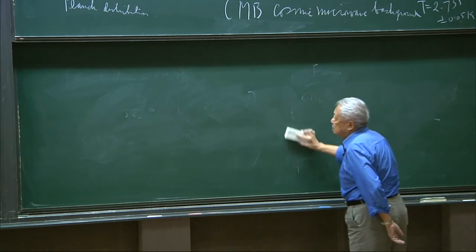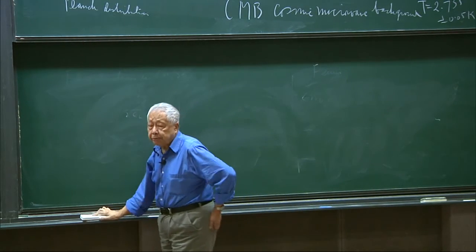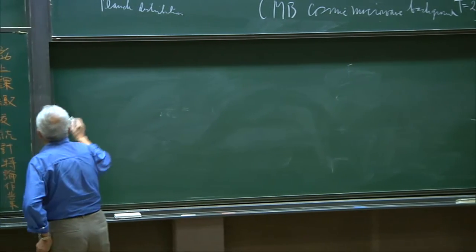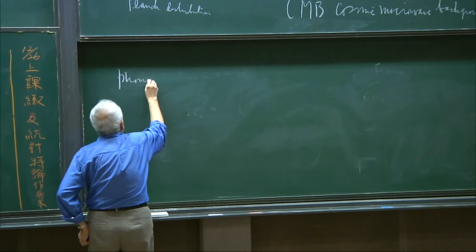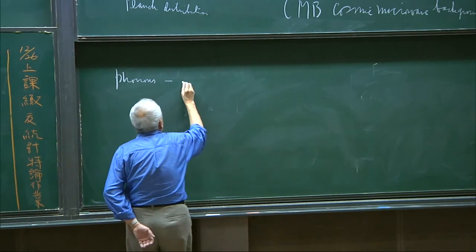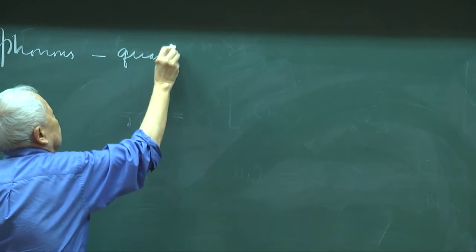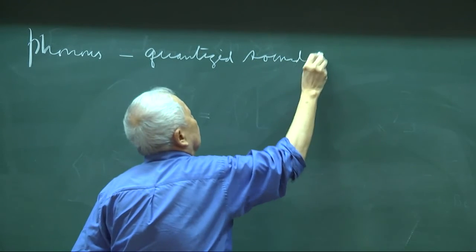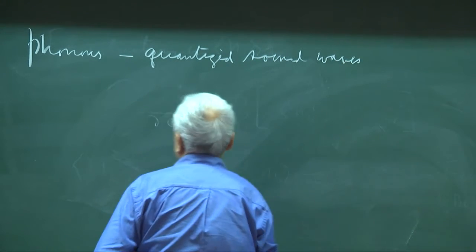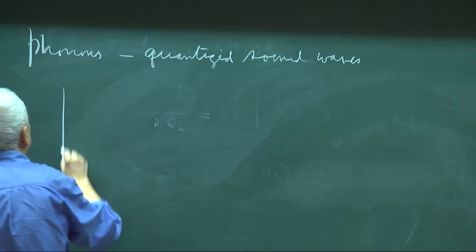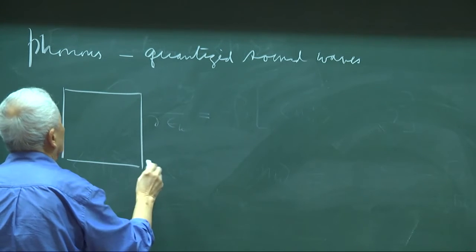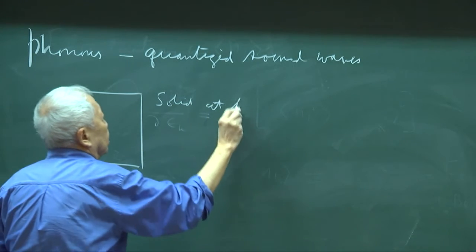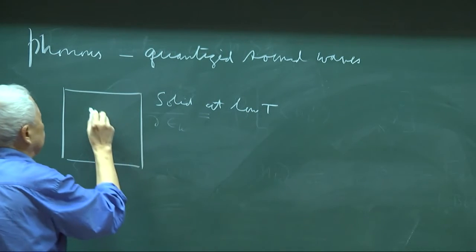So a black body cavity is a gas of photons. Now, in a similar manner, you can have phonons. These are quantized sound waves. They also obey Bose statistics. So if I have a solid at low temperature, it's going to be a gas of phonons.